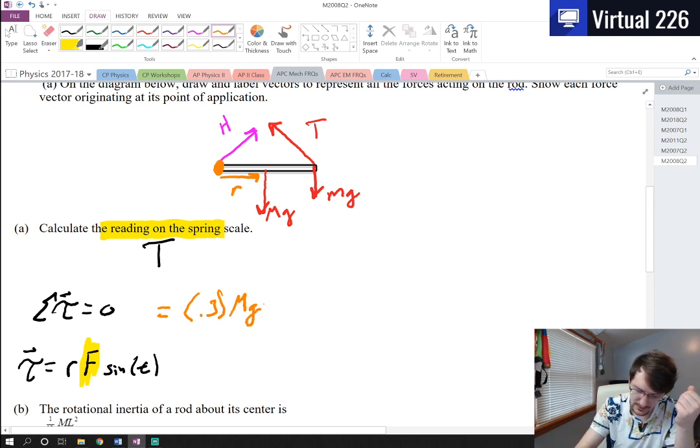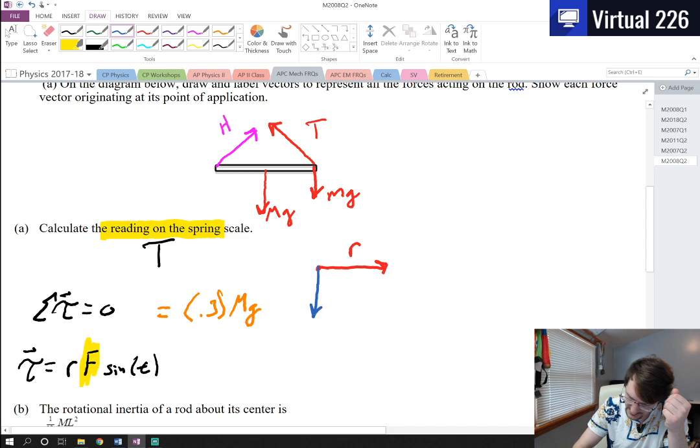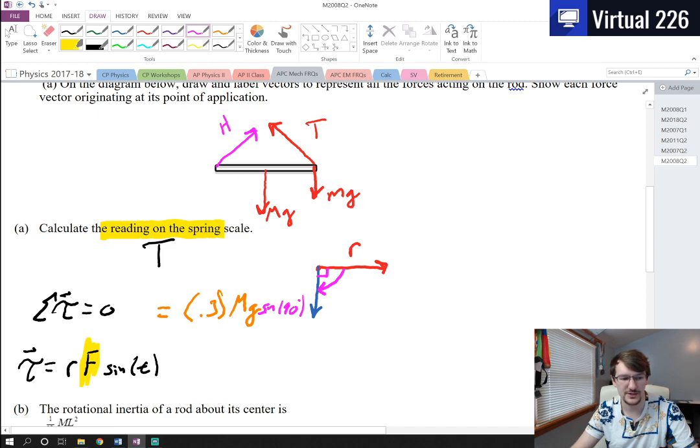And if we were to shift this weight vector over to the pivot point, we'd see that if r is going this way, mg would be acting like this, and then the angle from our moment arm to the force is clearly 90 degrees for us. So what we would put in here is a sine of 90 degrees, but we know the sine of 90 is just 1, so we don't actually need it.